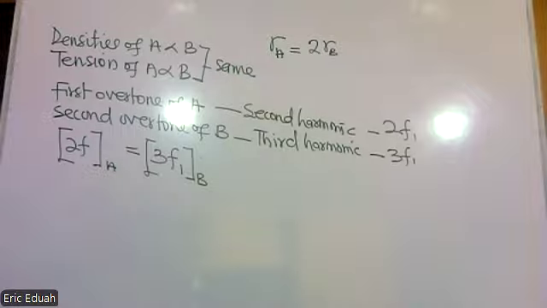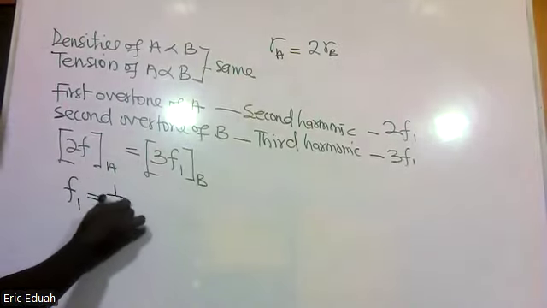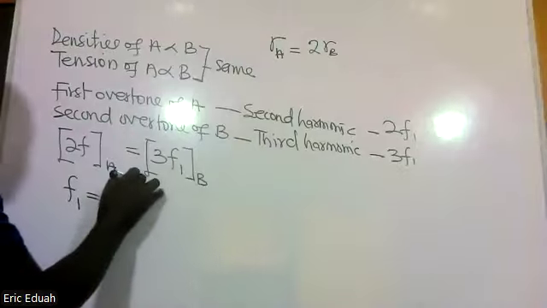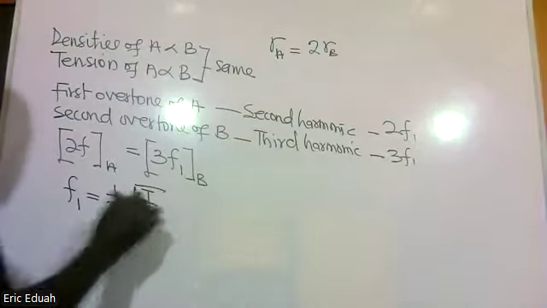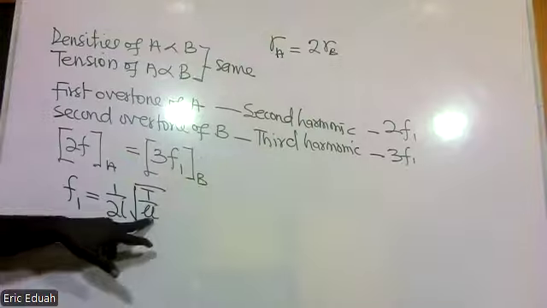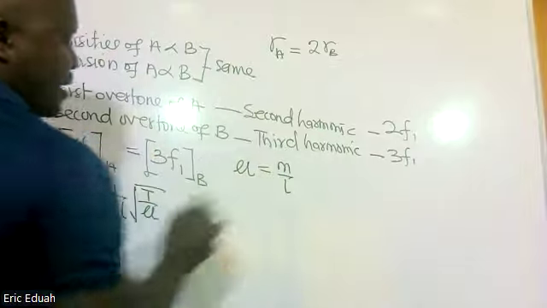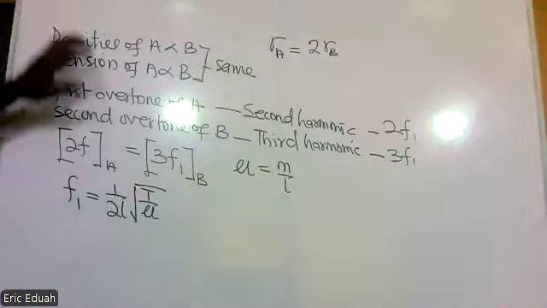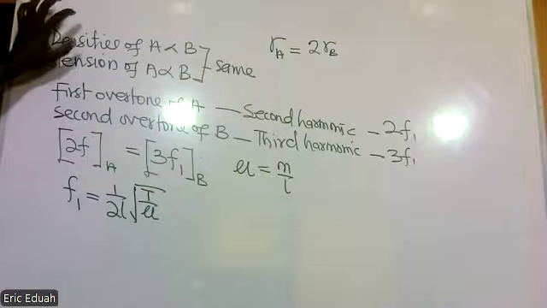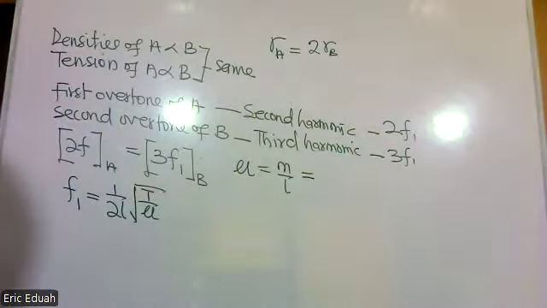Okay. Now, F1 is given by 1 over 2L times the square root of T on mu. Here, we are not informed of the same length or 1 meter length, so we are using mu. Mu, as we know, is equal to M over L. Since there is a talk of radius and densities, we must express mass in terms of density and radius.